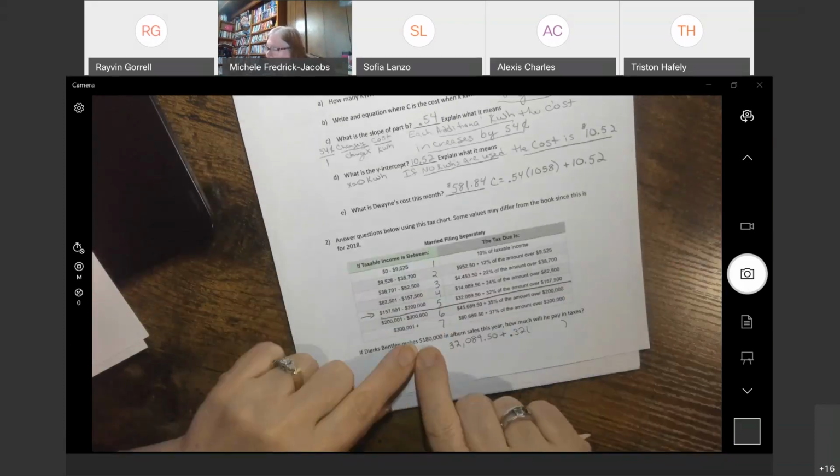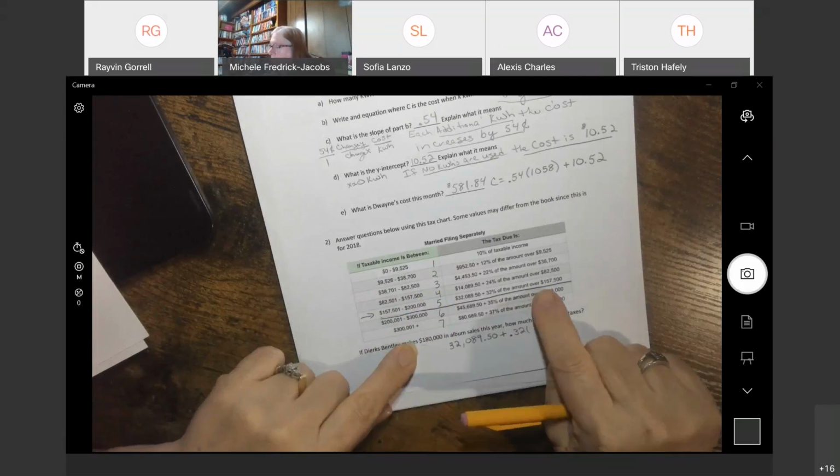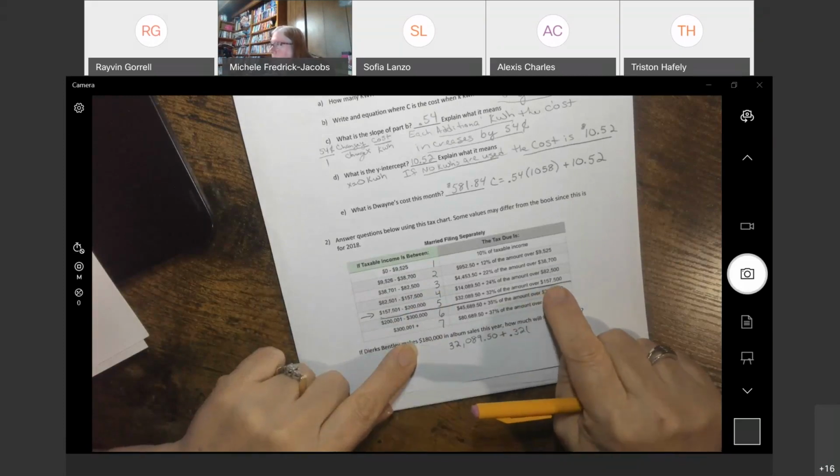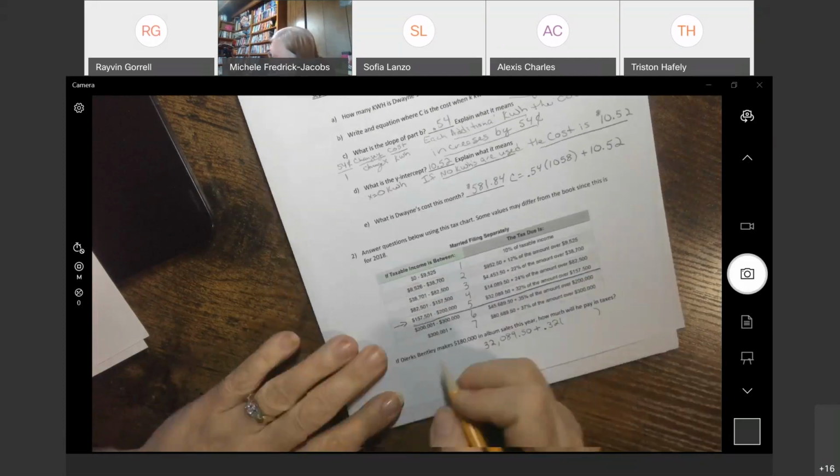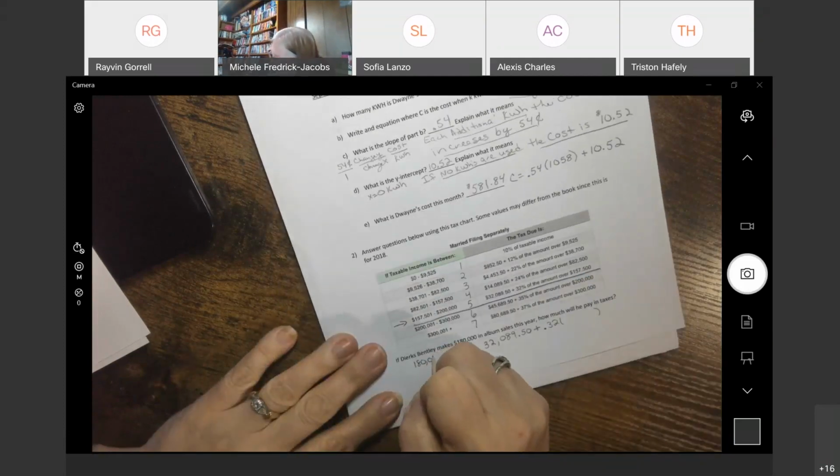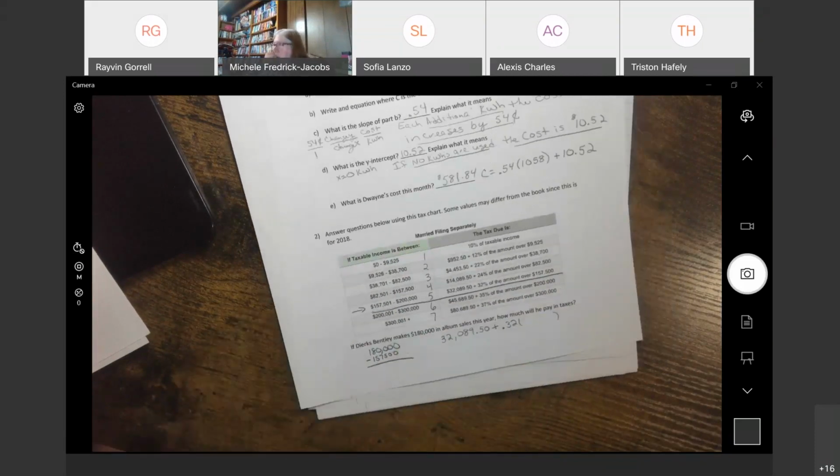So of the 180,000, we have to find out how much is over 157,500. If we take 180,000 and find the amount over.